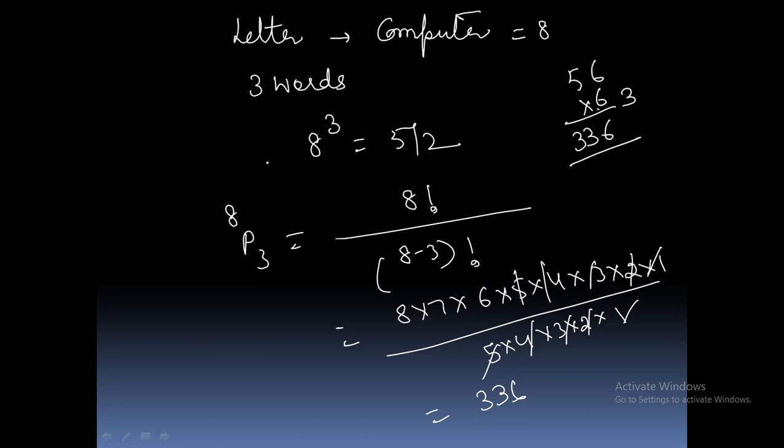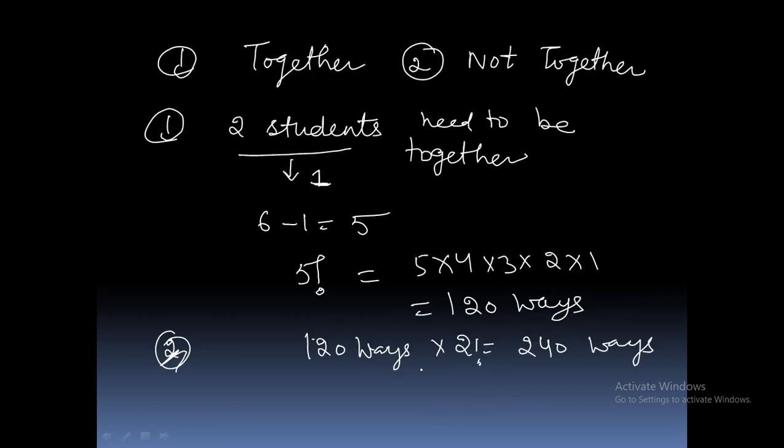When we use the repetition method, we write 8 to the power 3, that is equal to 512. When we find without repetition, 8P3 is equal to 8 factorial over (8 minus 3) factorial, that is 5 factorial. 8 multiplied by 7 multiplied by 6 multiplied by 5 multiplied by 4 multiplied by 3 multiplied by 2 multiplied by 1, and after cancelling we find this answer. This is your answer.